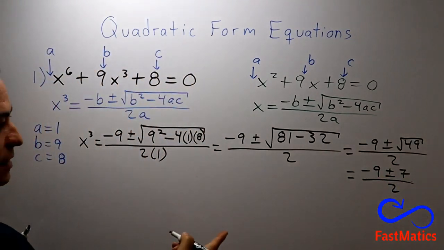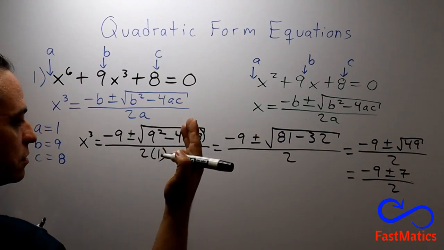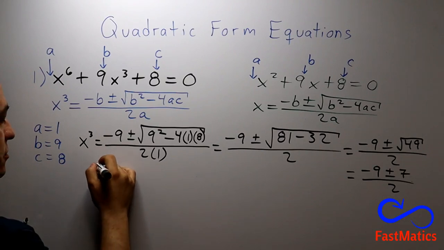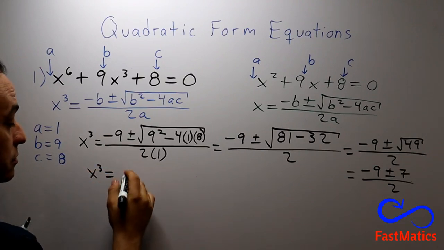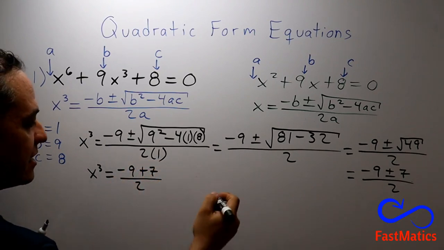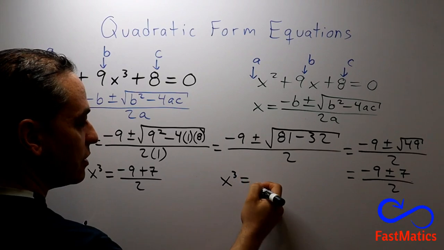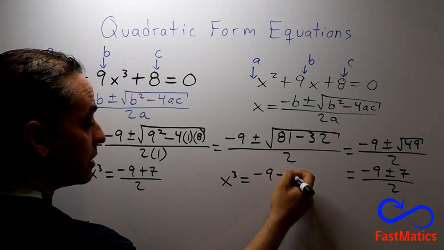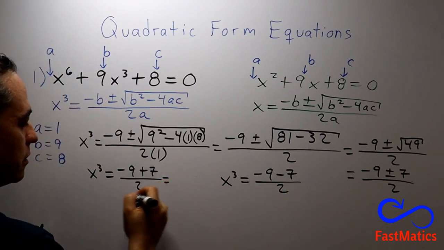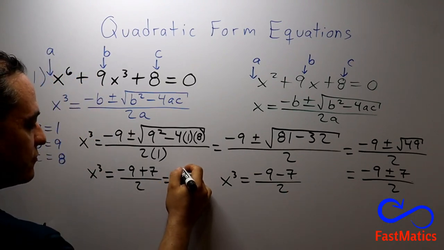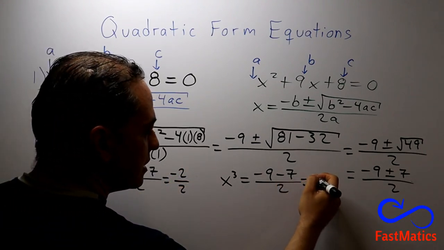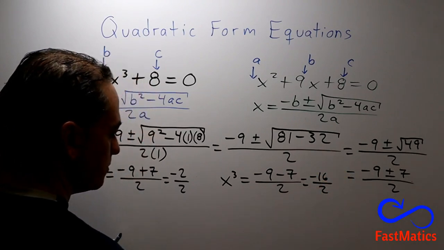That means that we have two possible solutions. x to the power of 3 equals negative 9 plus 7 divided by 2, and x to the power of 3 equals negative 9 minus 7 divided by 2. So here we have negative 2 divided by 2, and here we have negative 16 divided by 2.